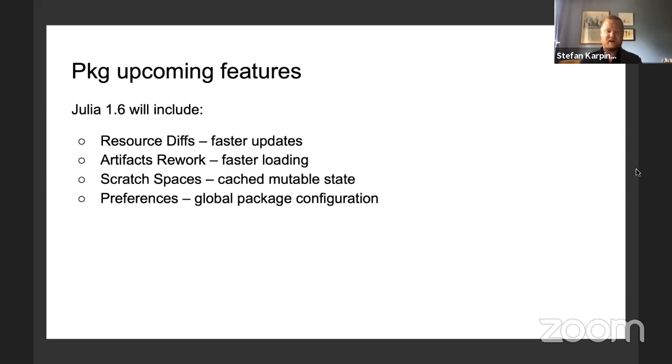Some packages use their own directories as a scratch space, a place to save some data that they've downloaded or whatever. But that's not great because you want your packages to be perfectly immutable and perfectly reproducible. So scratch spaces are a first class way of providing packages with a little bit of room for mutable state, that it's okay if it goes away because they can reconstruct it. And preferences are just a way to globally configure your packages on a system.